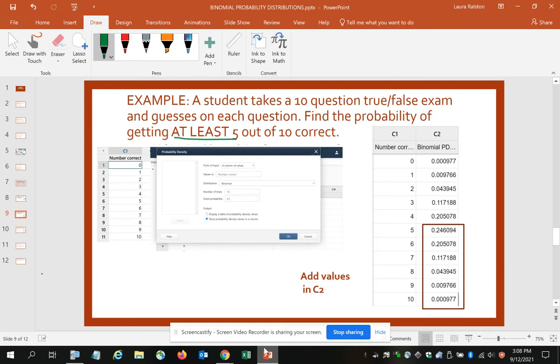Adding those numbers up, we get 0.62348. So the probability that we would get at least 5 out of the 10 correct is about a 62% chance. You need to be extra careful about putting them into the calculator. Take your time.